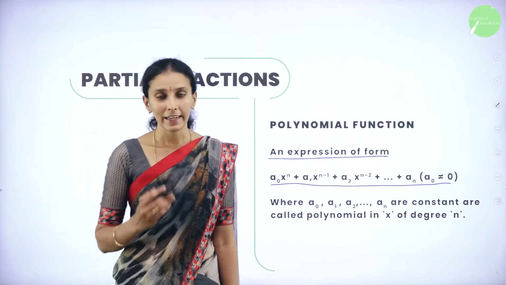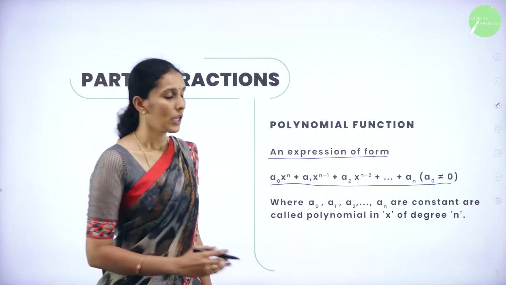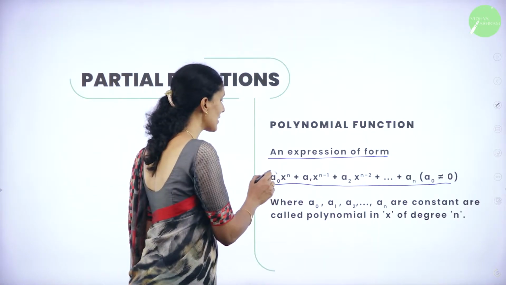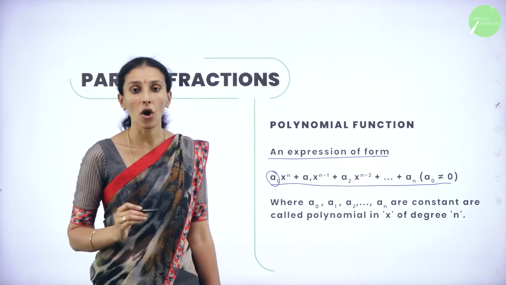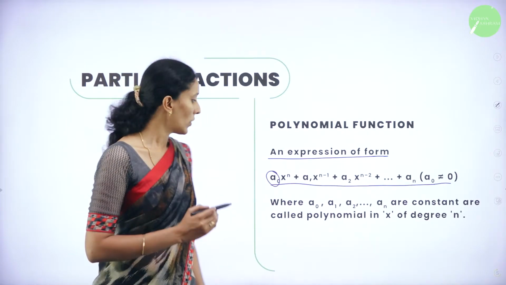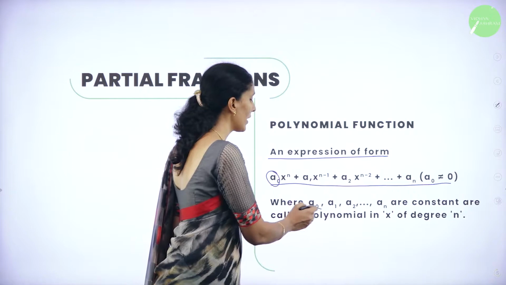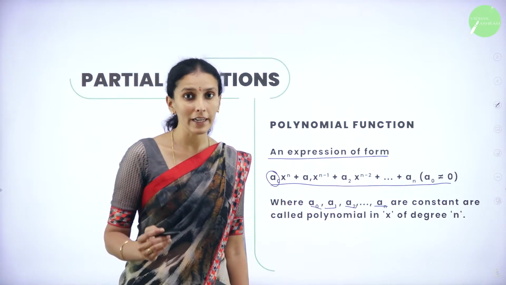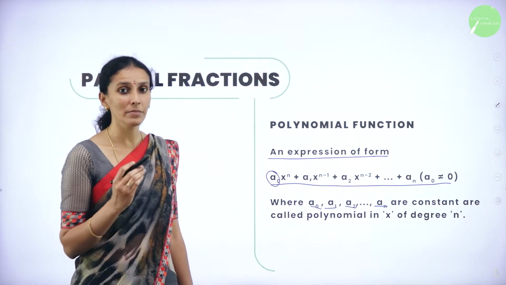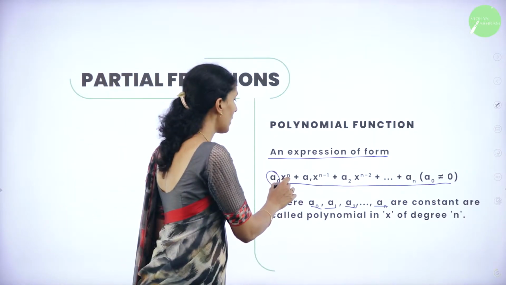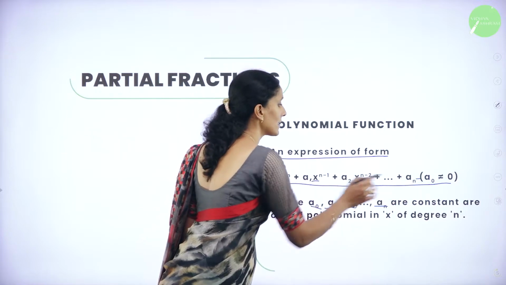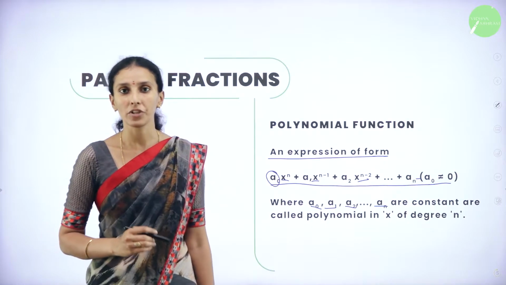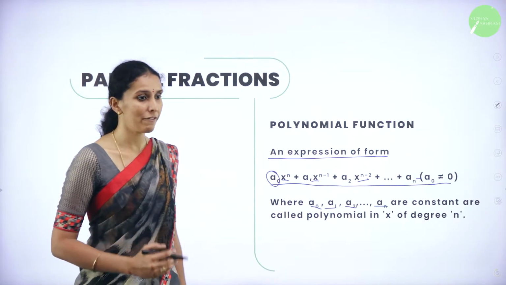Whenever we write a polynomial in its standard form, the last term will be the constant, and the first coefficient a0 is always not equal to 0. Here a0, a1, a2, ..., an are constants, that is, numerical coefficients with some numerical value, and the powers of x are written in decreasing order. This is the standard general form for any polynomial function.